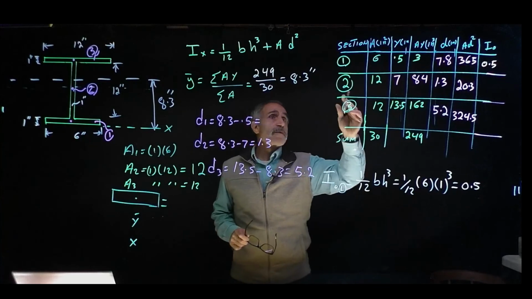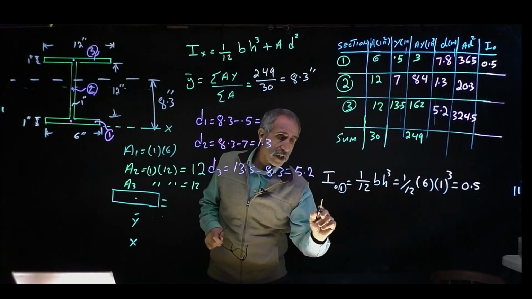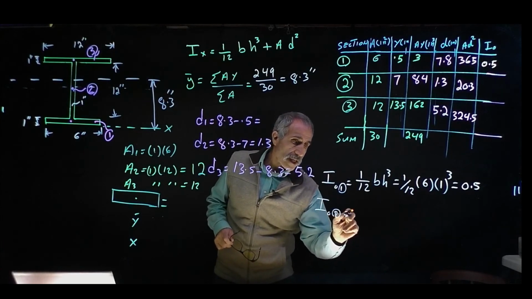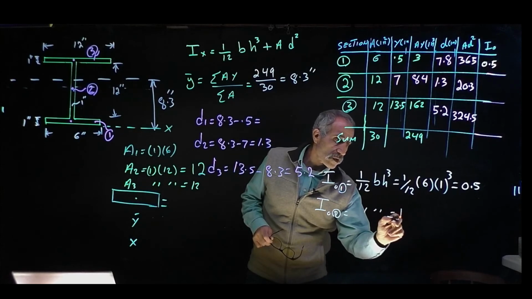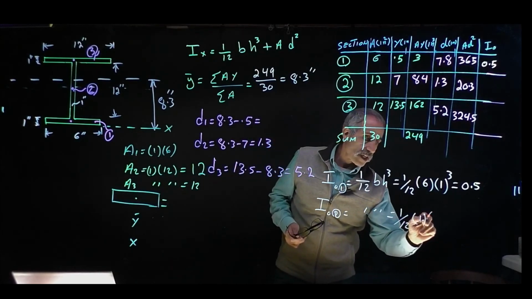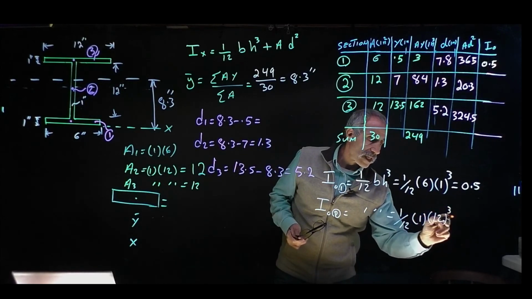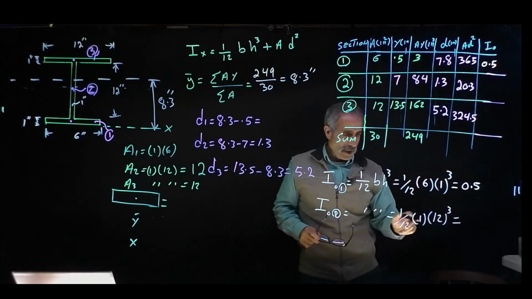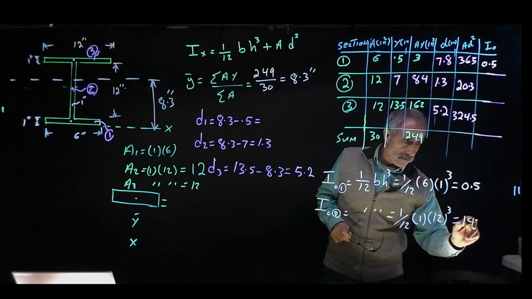Then I'm going to do the same thing for the second shape, the moment of inertia for just the shape itself, which is equal to 1/12 BH cubed. Our B is 1 inch, and our H is 12 inches cubed, and that comes out to 144.